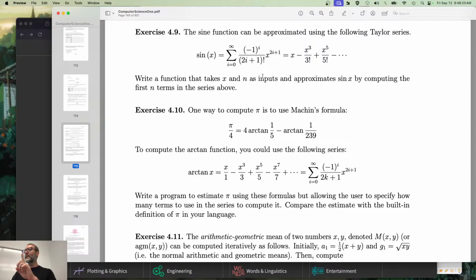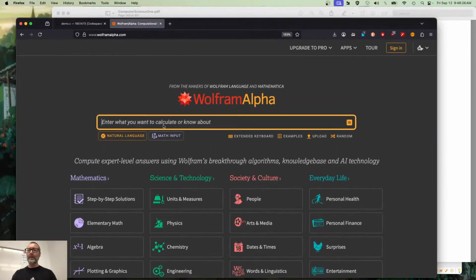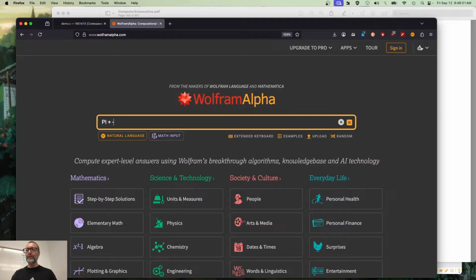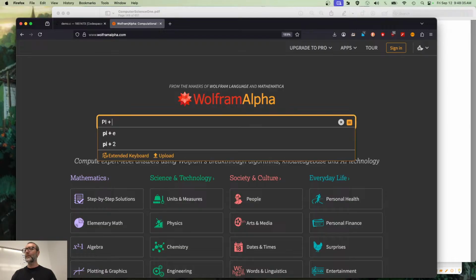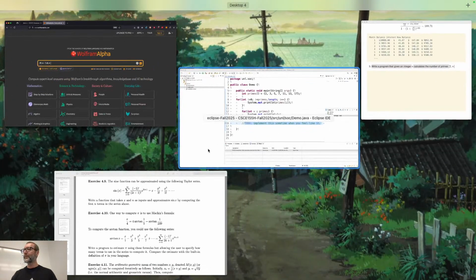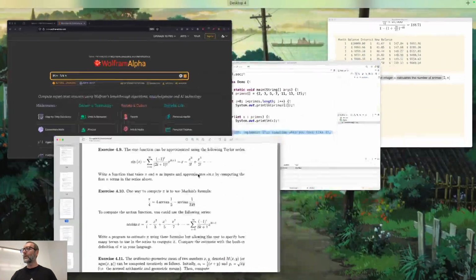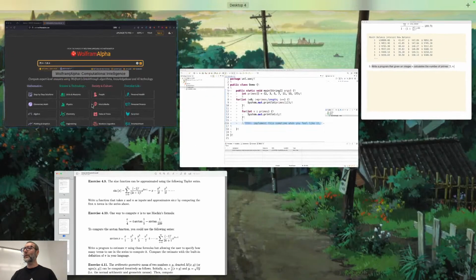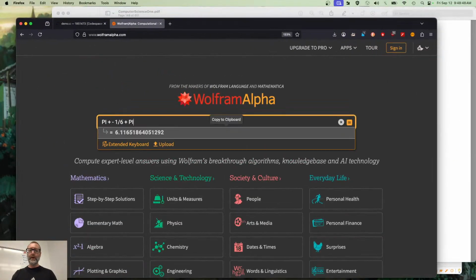When i is 1, that's going to be negative on the top, and then 3 factorial. So pi plus negative 1 divided by 3 factorial, which is 6, right? Plus negative 1 over 6, x, which is pi raised to the power 3.